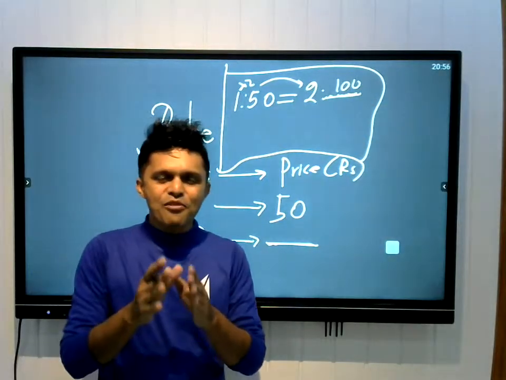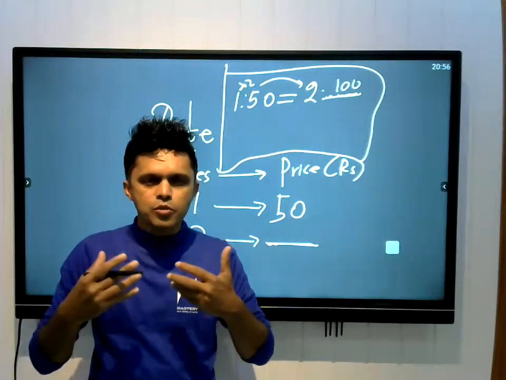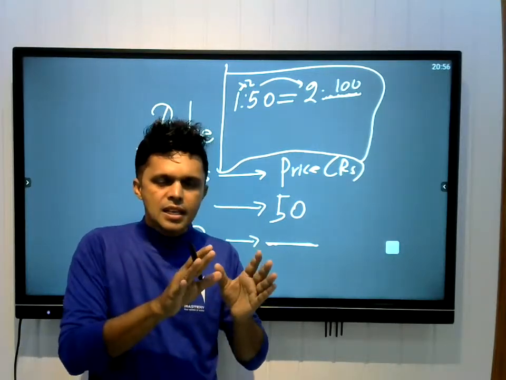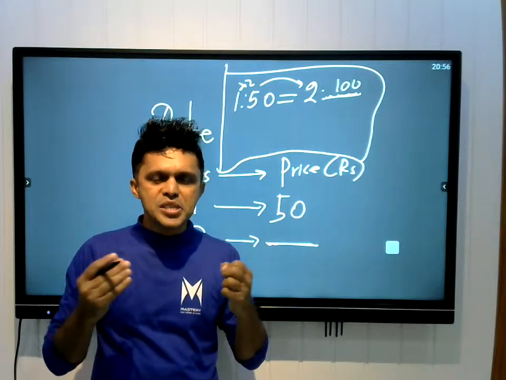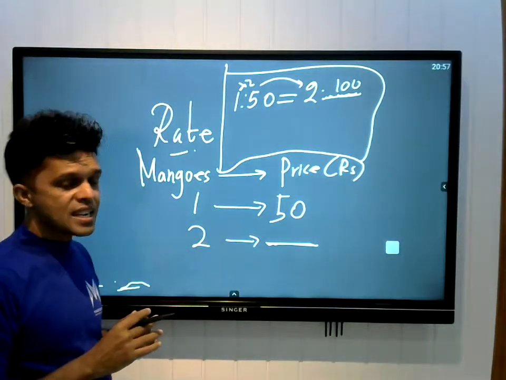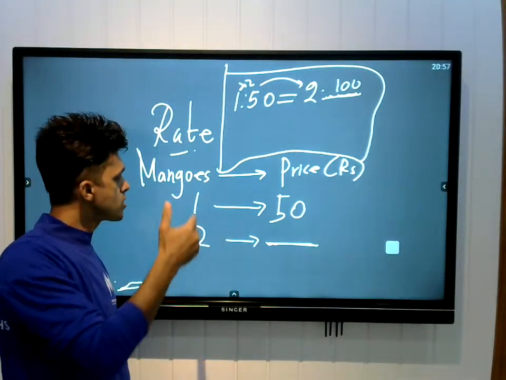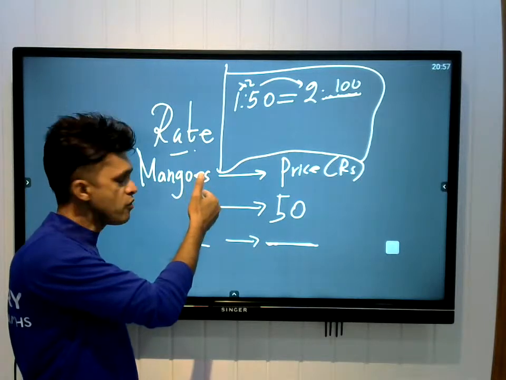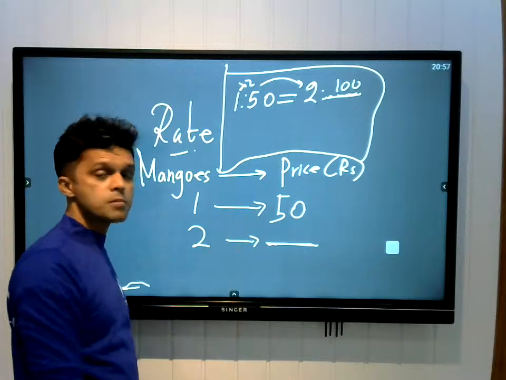Okay, this is the way of writing a given value. This is the way you could apply the knowledge of ratios. Here we were talking about rate. When you know a certain specific value, we knew the price of one mango, which is 50 rupees.